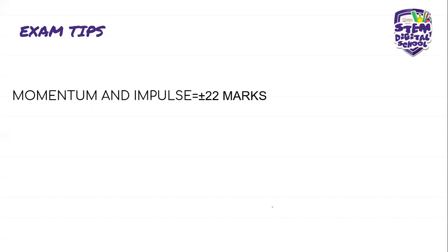Unless we ask for the magnitude, then you don't have to give direction. With scalar quantities, for example, in this topic, your mass, your contact time, you don't have to give us direction because they are scalar quantities. They don't have direction actually. So be able to read your questions in between. Are we clear, my learners?